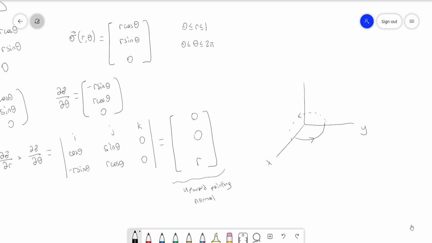I just want to double check that this is the correct orientation for the normal vector, compatible with the counterclockwise orientation of the unit circle. So I'm going to do it the way that I described earlier. I draw a little rectangle inside the disk with one edge along the boundary.